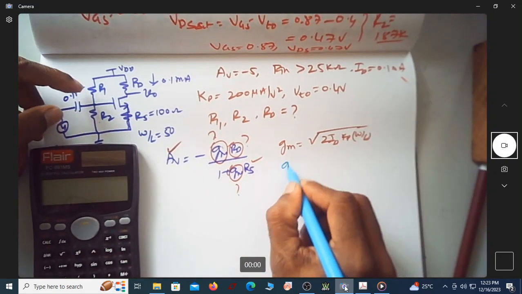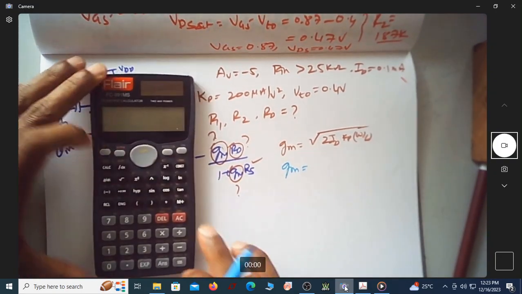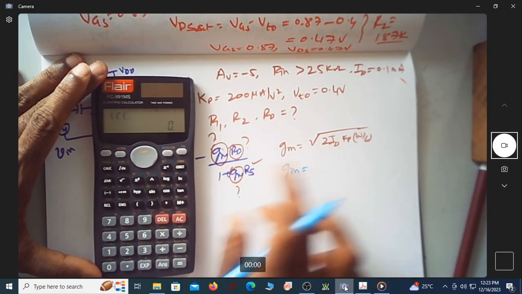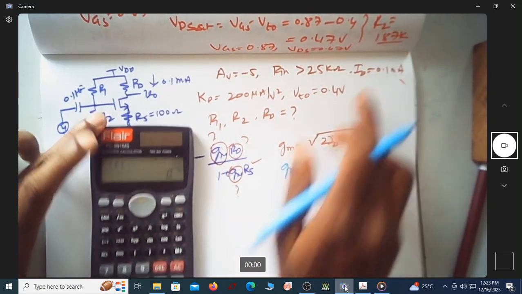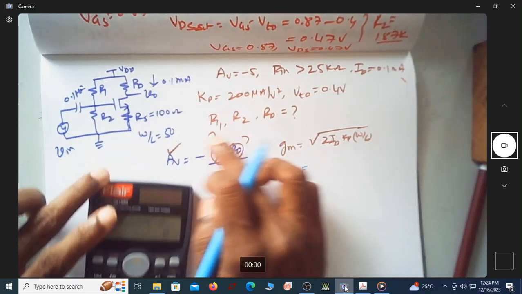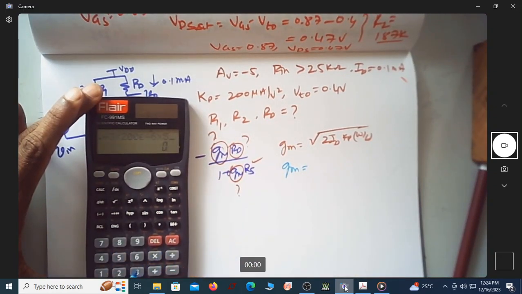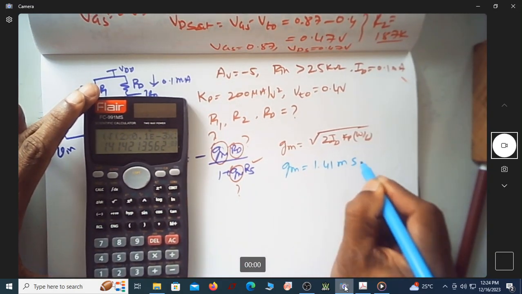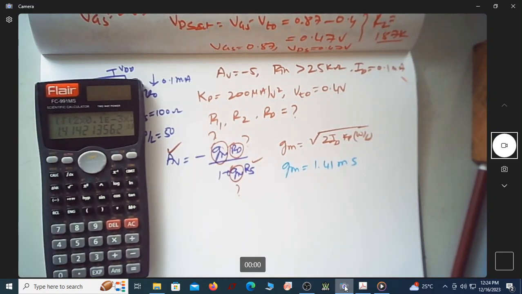So GM is square root of 2 into 0.1 exponential minus 3 into Kp, which is 200 micro, and W by L is 50. Close the parenthesis. So it is now 1.41 millisiemens. This is the value of GM.